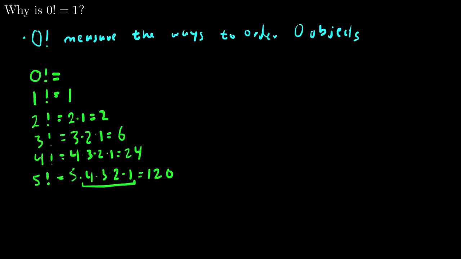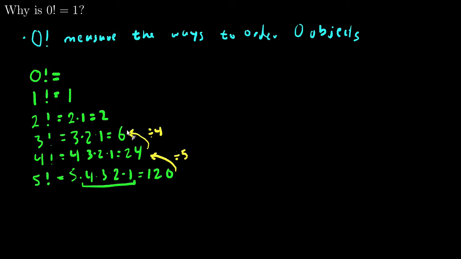And we can keep on getting bigger and bigger, but what I'm going to do is figure out how I could get from one term up a level. So to get from 5 factorial to 4 factorial, we had to divide by 5. To get from 4 factorial to 3 factorial, we had to divide by 4.